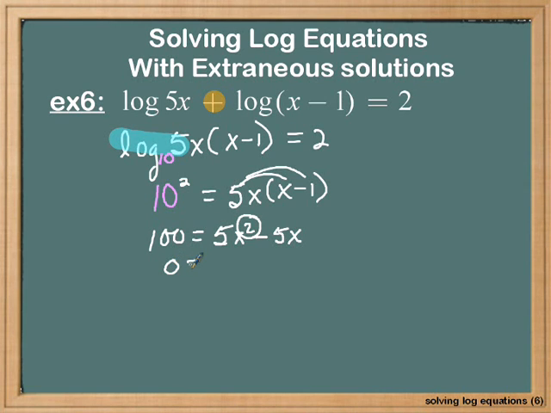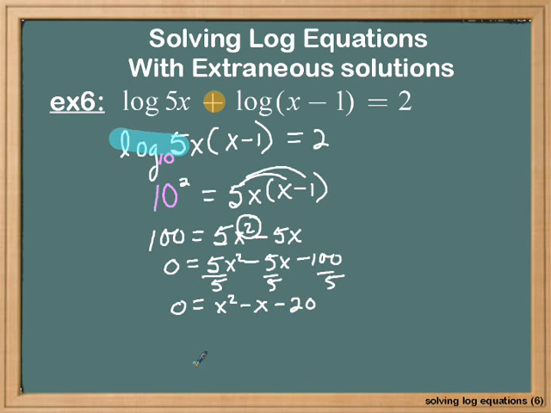So 0 equals 5x squared minus 5x minus 100. We're going to subtract that from both sides. And now, to make this problem a little bit easier, I'm going to take out the GCF. So I'm going to divide everything by 5. And that leaves me with 0 equals x squared minus x minus 20.